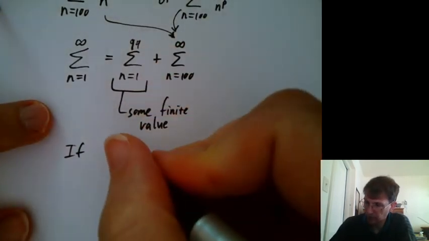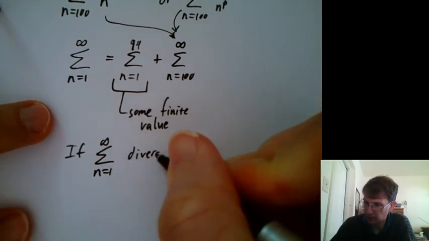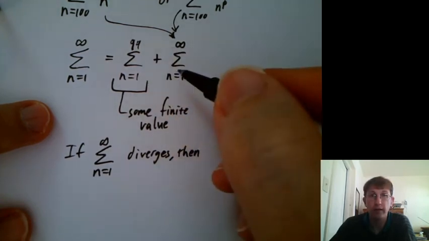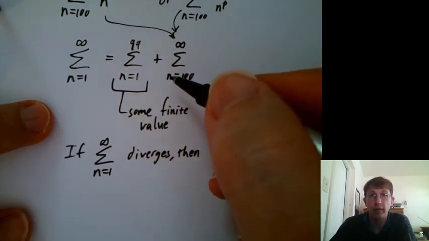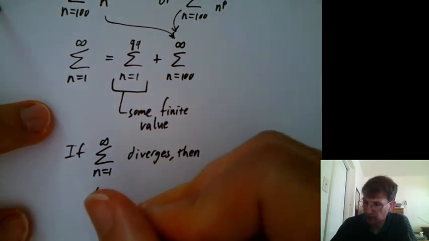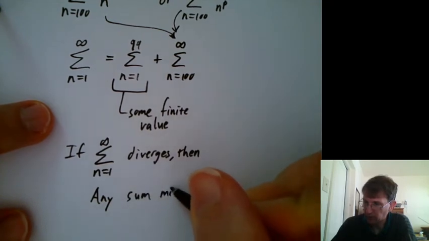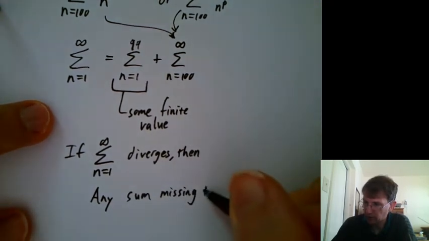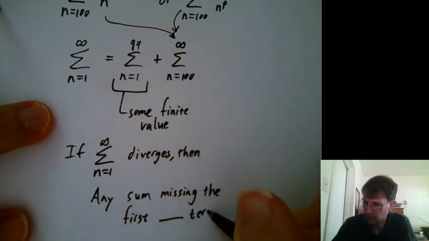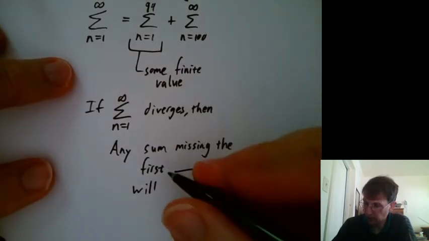So if the overall sum starting at 1 diverges, then this side diverges too, and this side is just some finite number plus that. So then any sum that's missing the first few terms will also diverge, right?